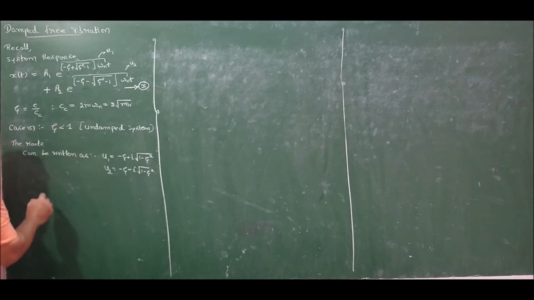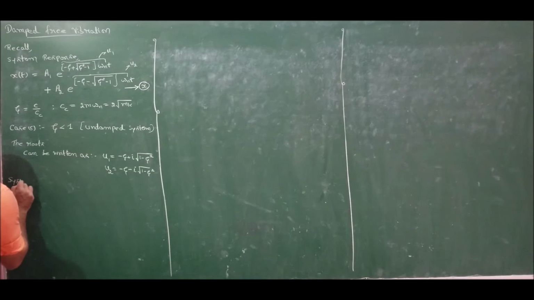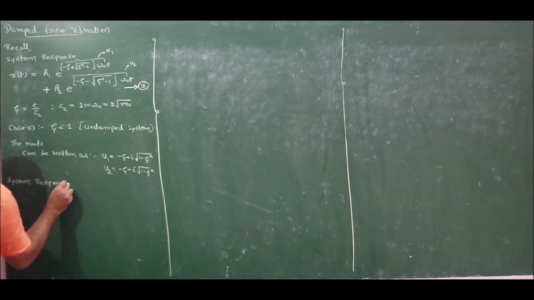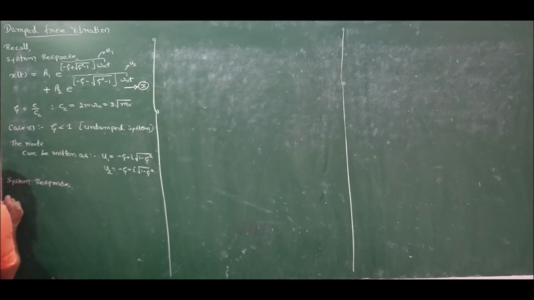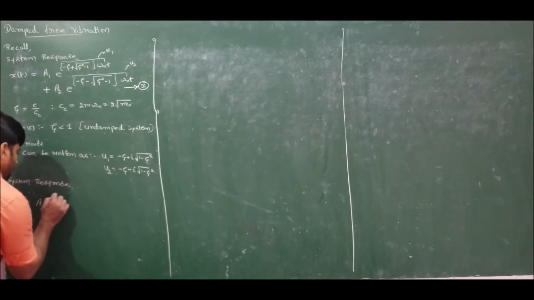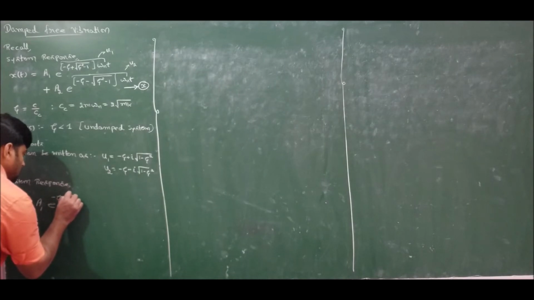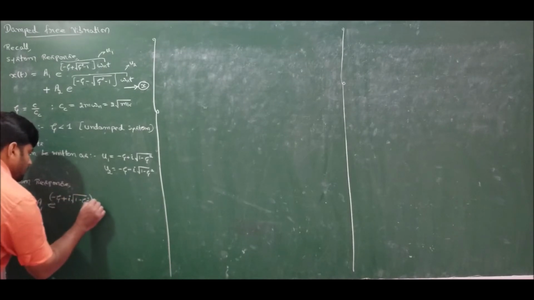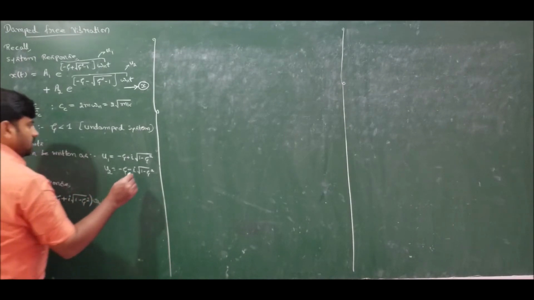Hence, what is the system response equation for the underdamped system? The system response will become x, which is a function of time, equals a1 e to the power of minus zeta plus I times root of 1 minus zeta square, multiplied by omega n into t.